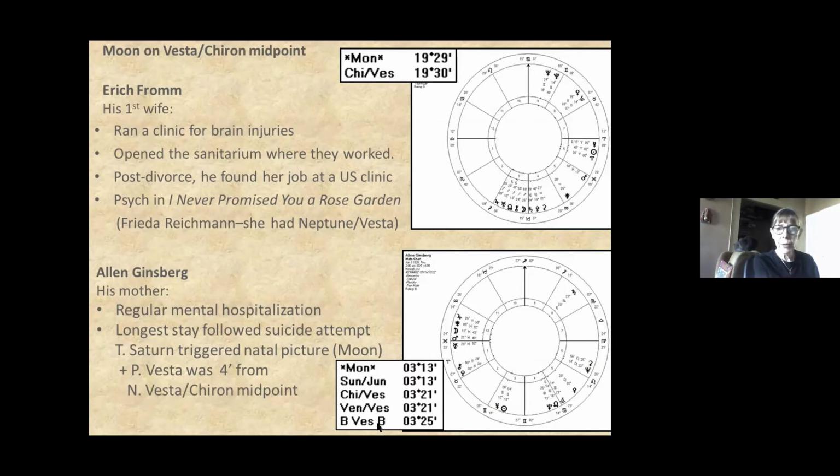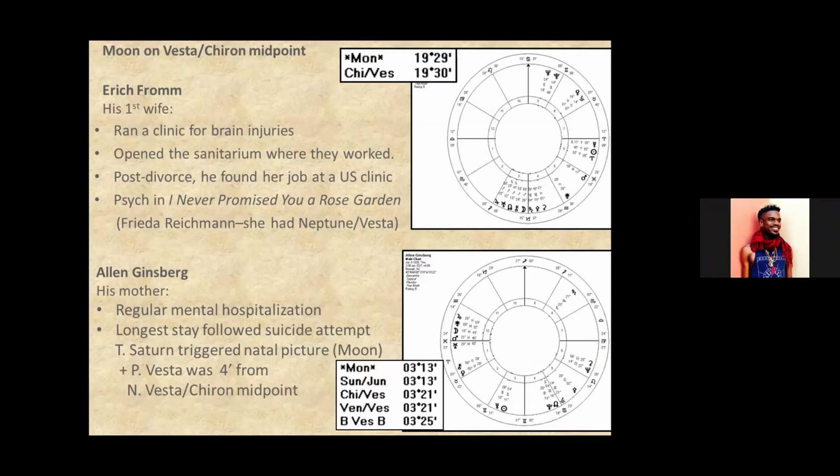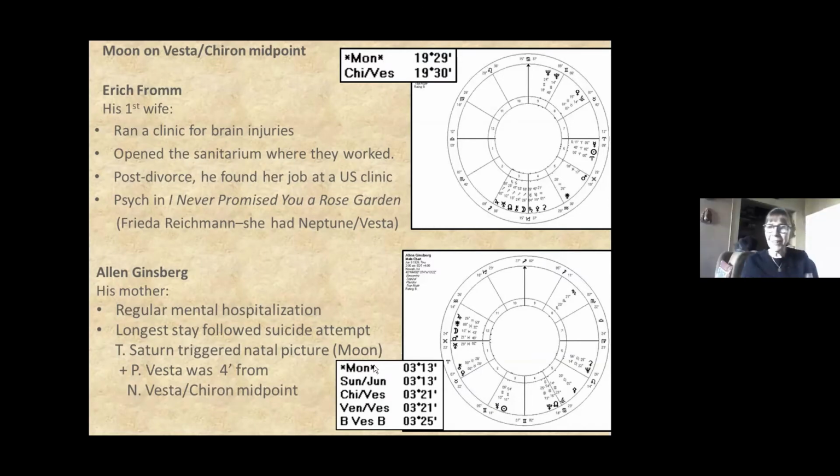Now, here's another example of Allen Ginsberg. He had the moon equals Vesta Chiron, and his mother was a regular habitué, was a regular patient of mental hospitals. Now, with a chart like Ginsberg's, where the moon was precisely on that Vesta Chiron, when Saturn triggered his moon, it triggered his Vesta Chiron.